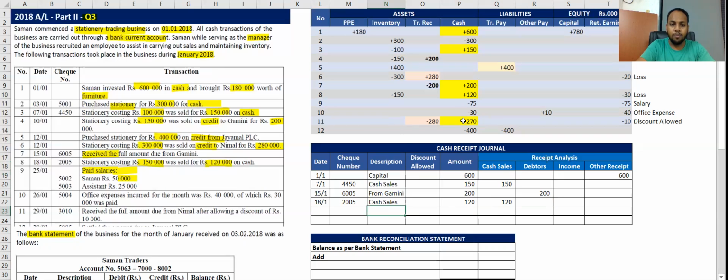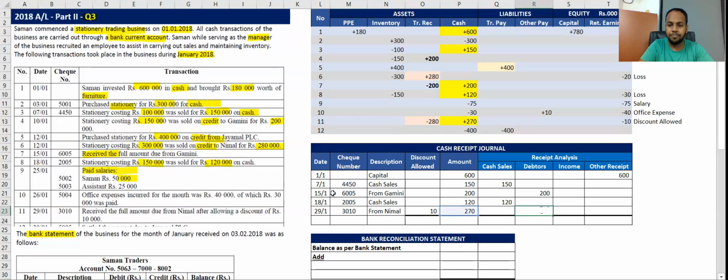Then finally, there is one more transaction, the 11th transaction, which is 29th of January. 3010 is the check number, and receive the full amount due from NIMA. Discount given is 10,000 and 270 cash receipt.